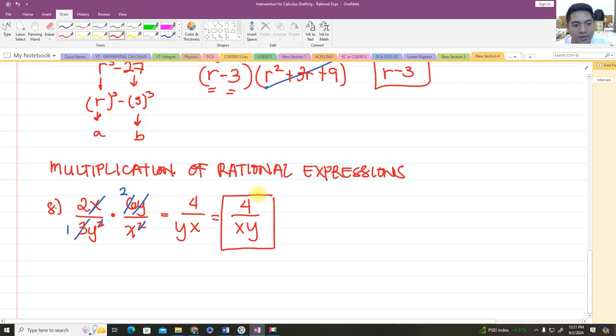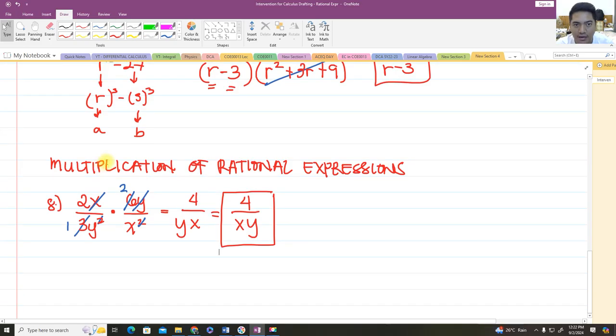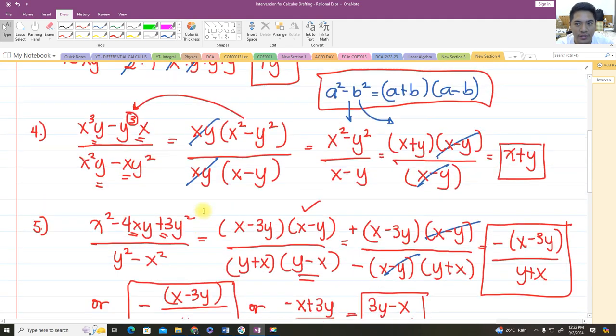You can directly multiply numerator by numerator and denominator by denominator if there is no factoring involved in the expression, and then simplify, reducing to lowest terms.